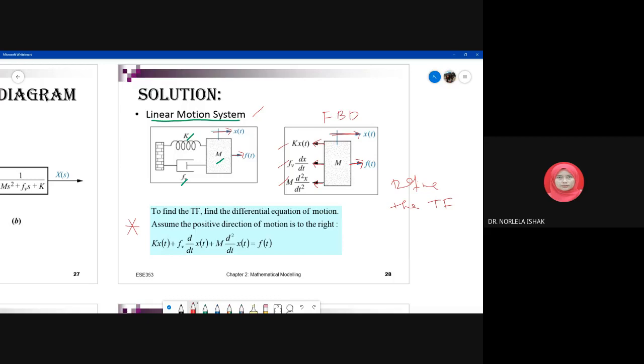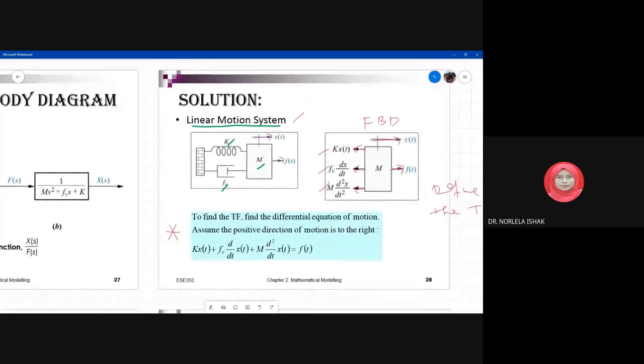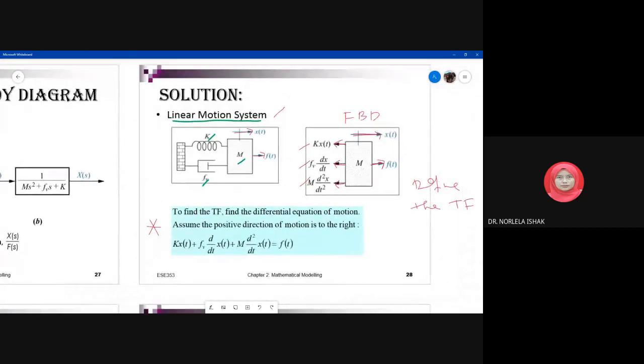Okay, so how to define the equation for this single loop? This is all the x. X is the motion, meaning a translational motion for this linear motion.